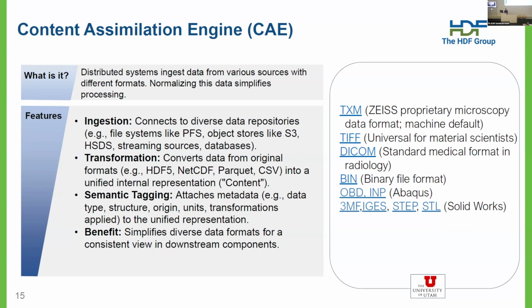What this has the benefit of doing is downstream components will not have to take into account what type of data it is because it's been transformed into this unified data format. And going back to the University of Utah case, it should be able to handle all these different file formats.